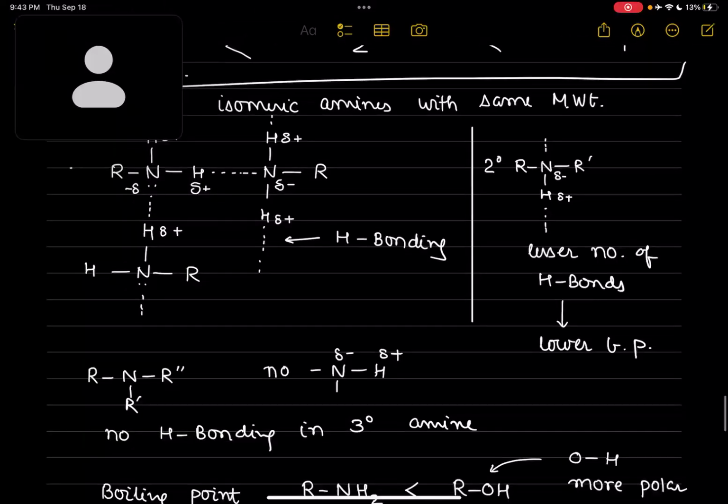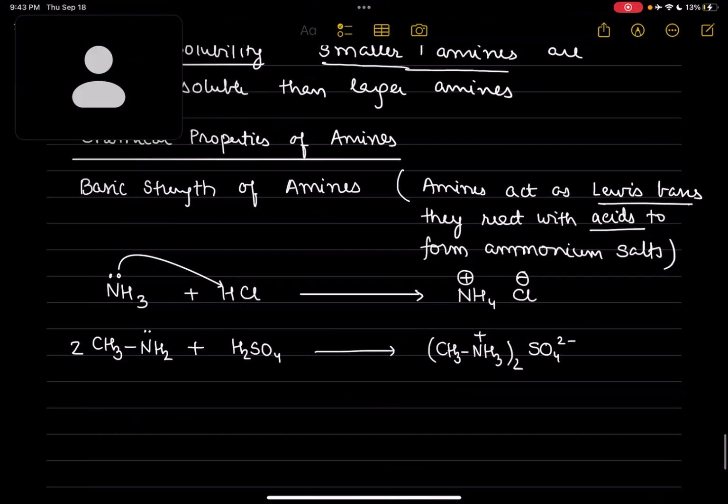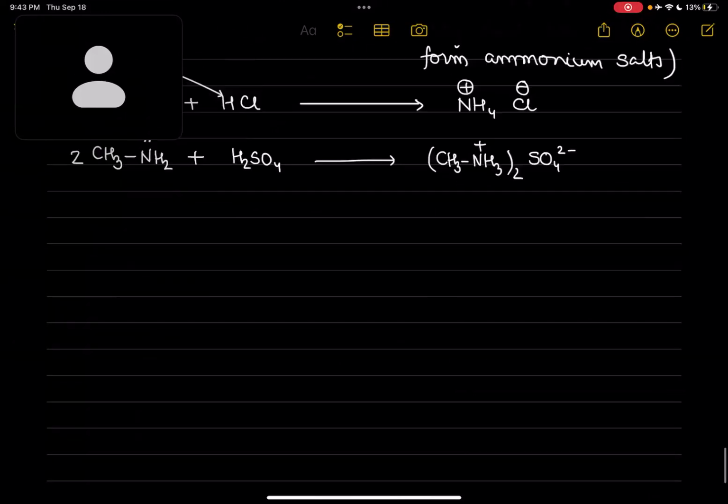And if you try to compare the basic strength of primary, secondary, tertiary amine with ammonia, how can you arrange them? Suppose, let's say, I take methylamine, got it?